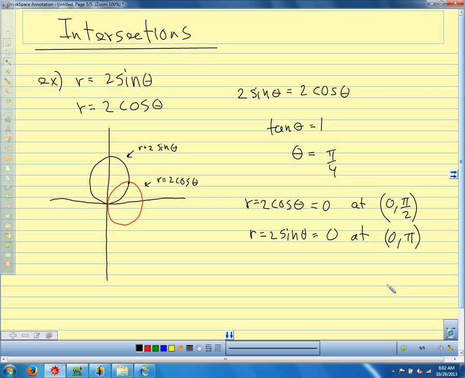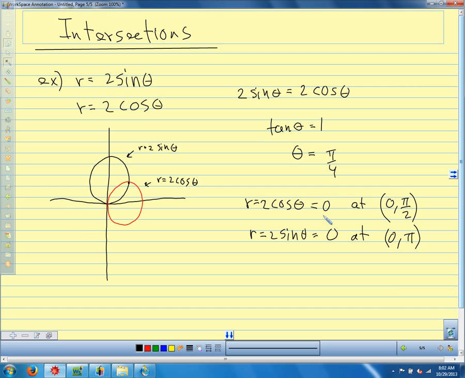So the radius is 0 at different values for theta. So they go through the origin, but at different values of theta. So it's not a simultaneous solution. So the solution r equals 0 is at different angles.